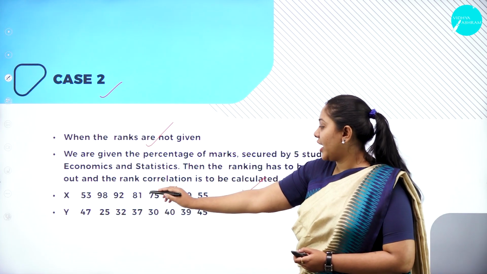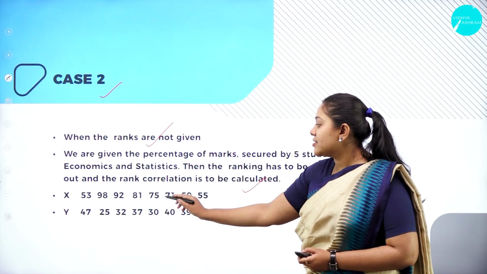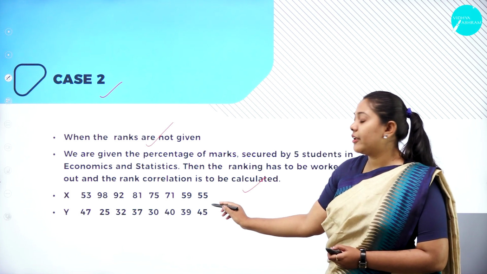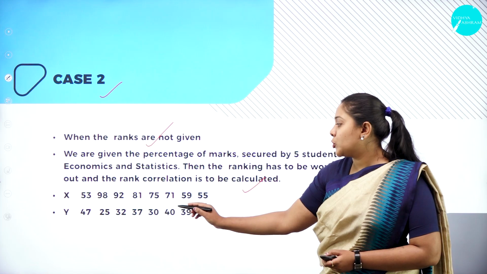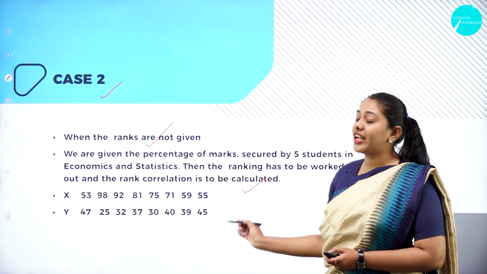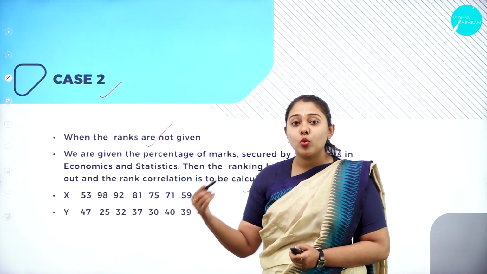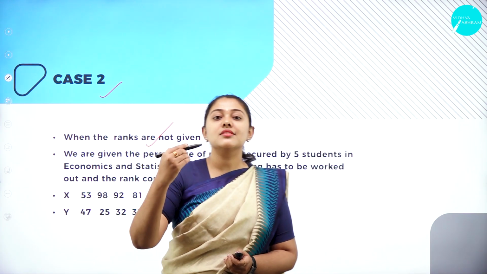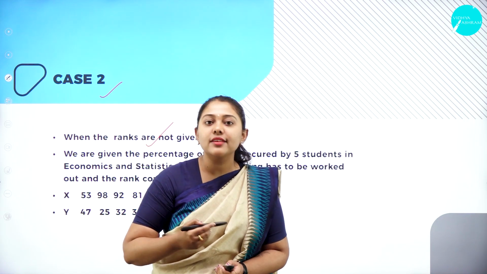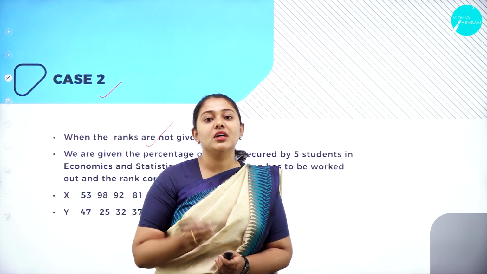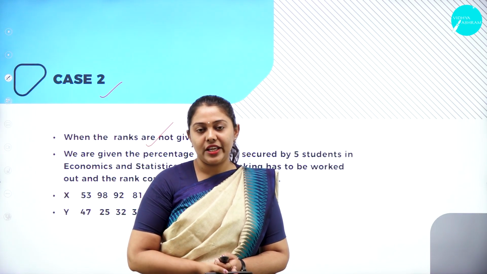X: 53, 98, 92, 81, 75, 71, 59, 55, and Y: 47, 25, 32, 37, 30, 40, 39 and 45. With the help of this data, let us substitute the values into the formula, calculate the ranks first and then find the Spearman rank correlation.